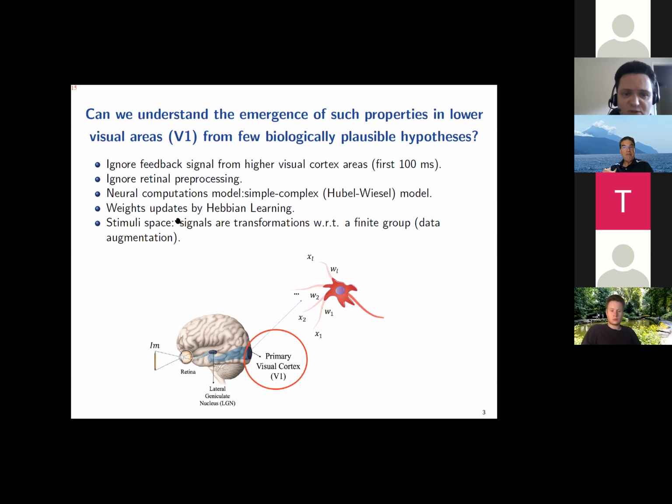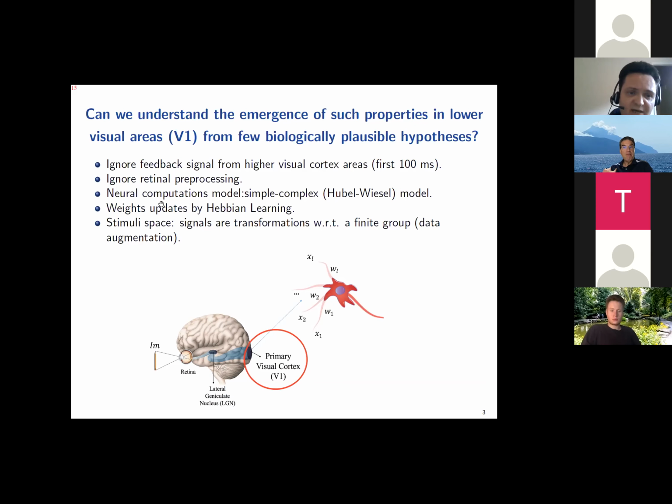And then, of course, neurons are going to update their weights due to the stimuli, and as a weights update protocol, I use a very common and well-accepted learning rule, which is based on the Hebbian principle.